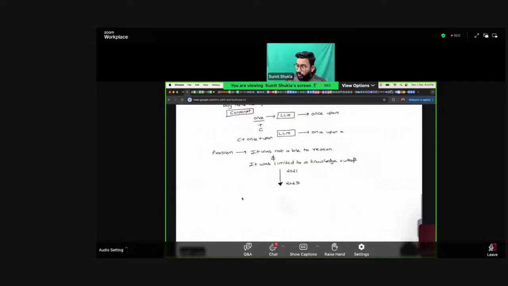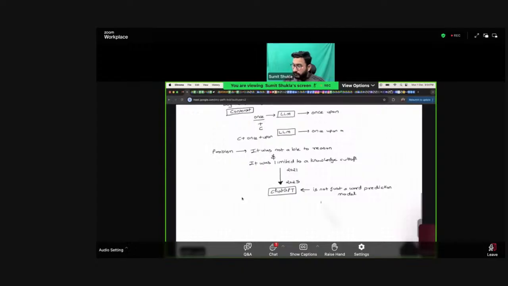So now the model which we use, ChatGPT 5, is not just a word prediction model. It is basically a model that can reason, meaning it can basically plan.